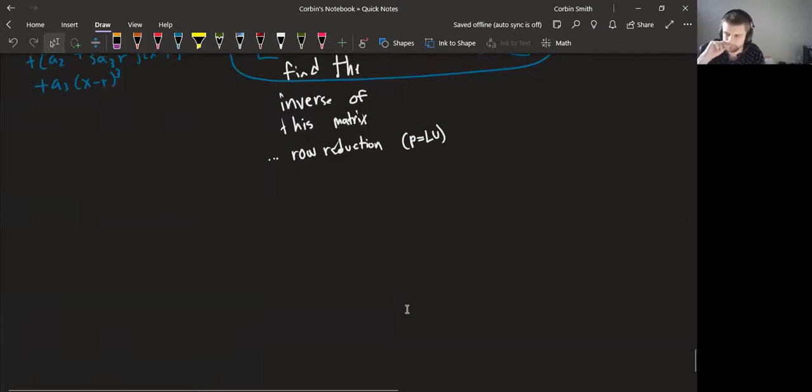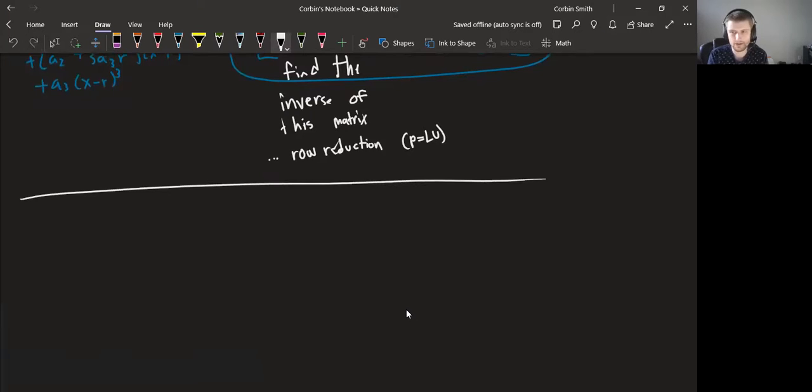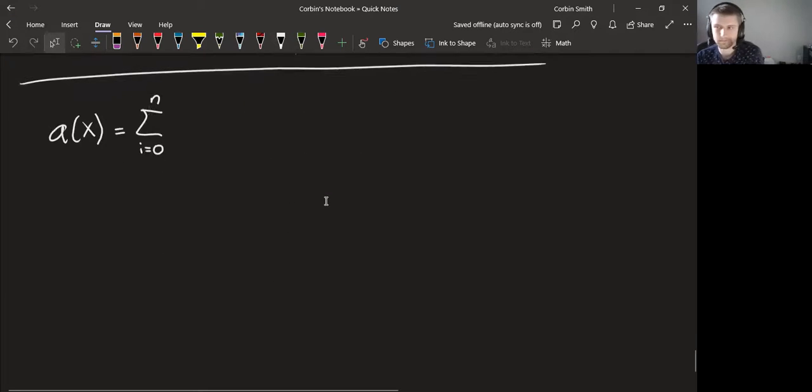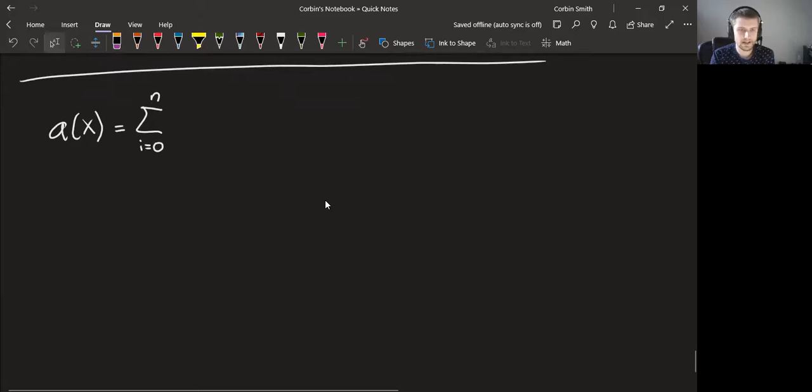So let's do this again for general n, not equal to 3. Let's just say that a of x is now equal to this polynomial, the sum from i equals 0 to n of ai x to the i.